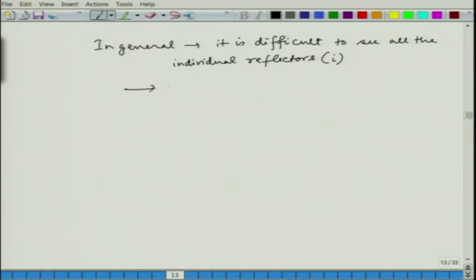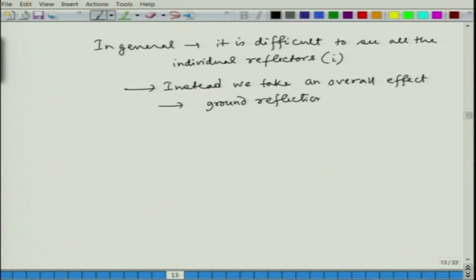So, what we do instead, we take an overall effect which we call ground reflection, or often that is also called albedo. This term you will see here and there, but basically it means the ground reflection.